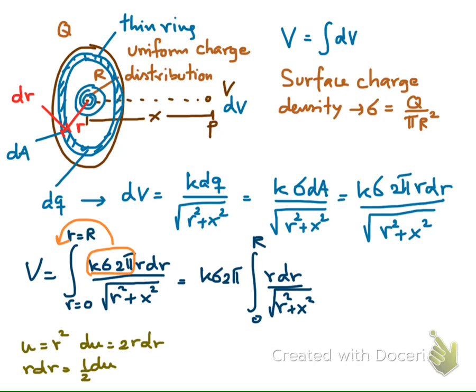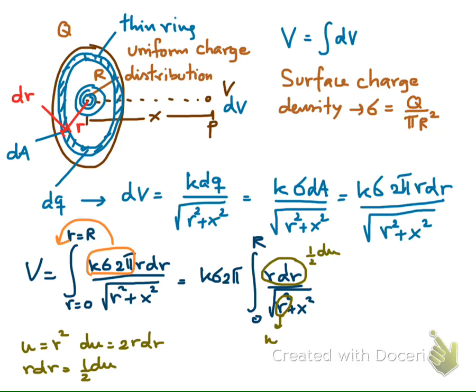So this is du, this is a half of du, and this is u. x is a constant because it is the distance from the center of the disk to point P where we want to calculate the electric potential.